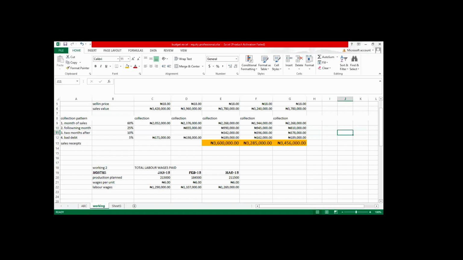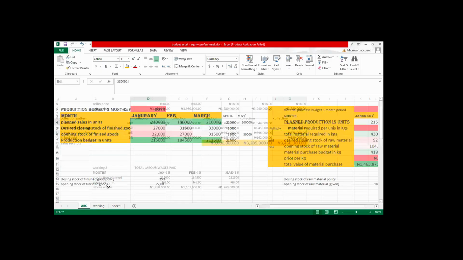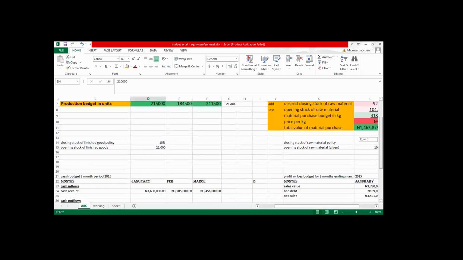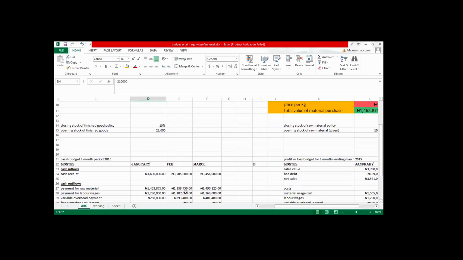In the month of March, our collection, bad debt is not part of your collection. So you are only going to add 1, 2, 3. That will now go to your cash inflow. Look at the figure here. Automatically coming here.